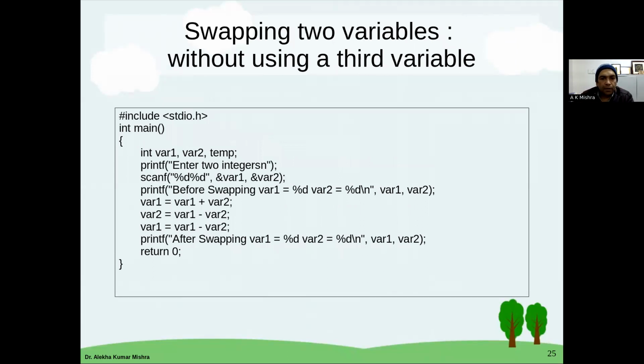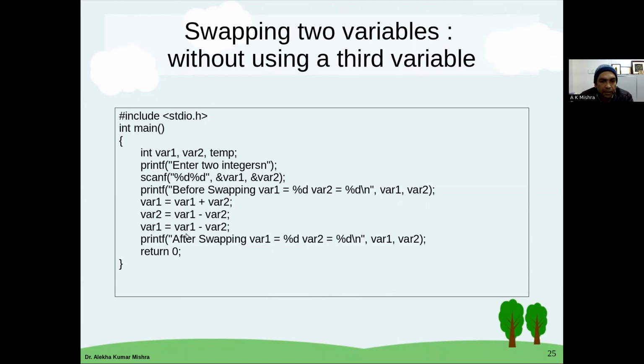So we add var1 and var2 and store in var1. So var1 is now var1 plus var2. If var1 is 5 and var2 is 9, it is 14. So from 14, if I subtract var2, meaning I subtract 9, I'll get 5. That 5 is nothing but my var1 value. Now whatever I get, I store in var2.